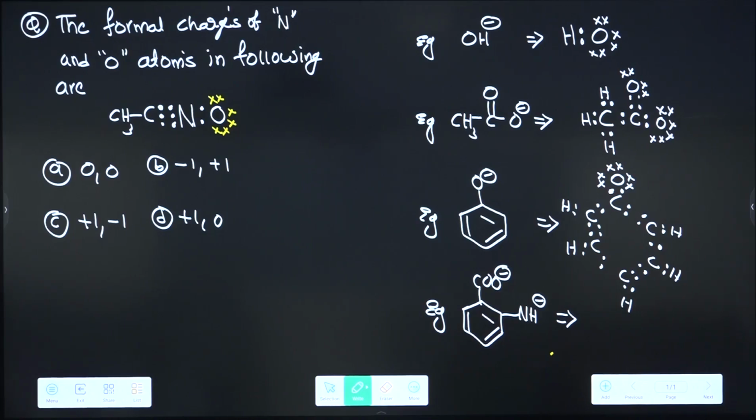The formal charges of nitrogen and oxygen atoms in the following are.